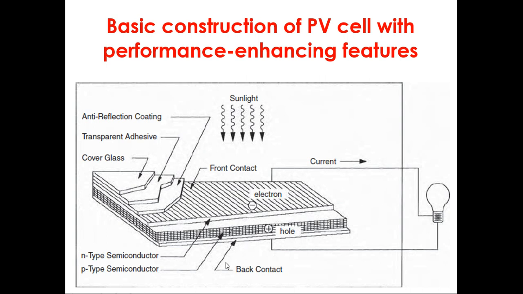From the back contact we can take the terminals out from the PV panel and connect it with the external world. That is nothing but the load, or lamp load, or DC load in this case.